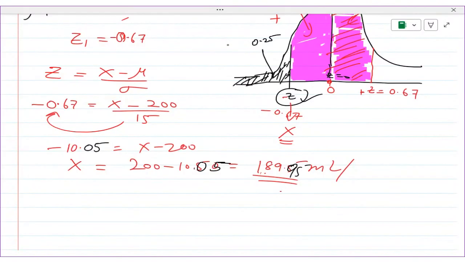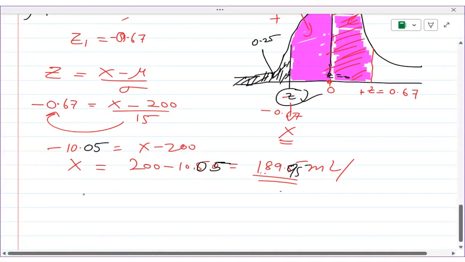Let us do some more questions so that we can understand it better. This is an easy question. Most of the students feel this one and they can do it well.